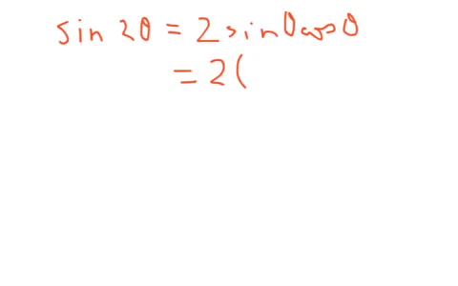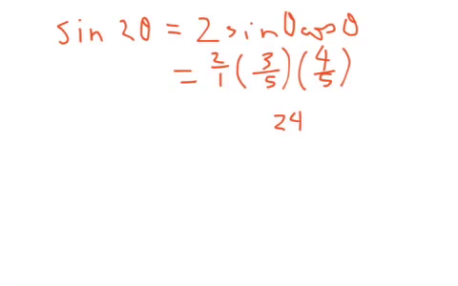Sine of theta is 3/5. Cosine of theta is 4/5. You can write this 2 as a fraction if you want, that's 2 over 1. And so we're going to get 24 over 25. And you're done with that one.